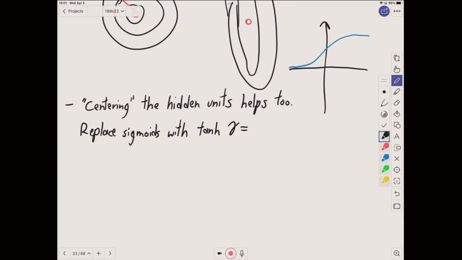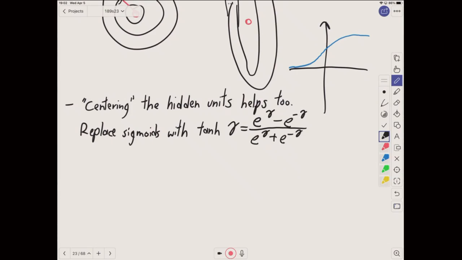If you haven't seen that before, it's sort of a tangent-like function, except it's defined in terms of exponentials. It's e to the gamma minus e to the minus gamma divided by e to the gamma plus e to the minus gamma.